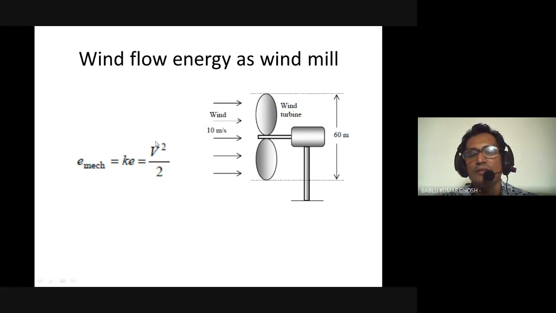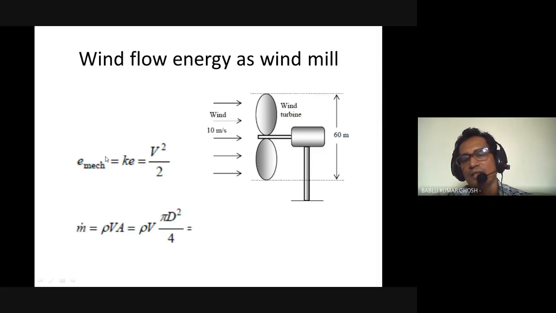You already know v is the velocity of air, so you can easily find the mechanical energy density. What else do you require? You require mass flow, because mass flow times mechanical energy density is the energy flow.